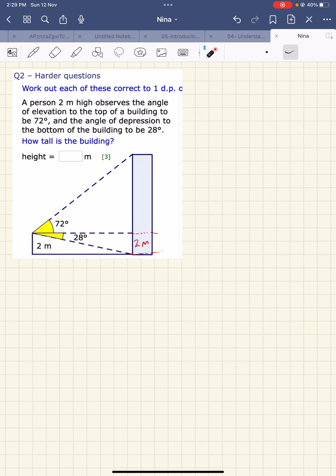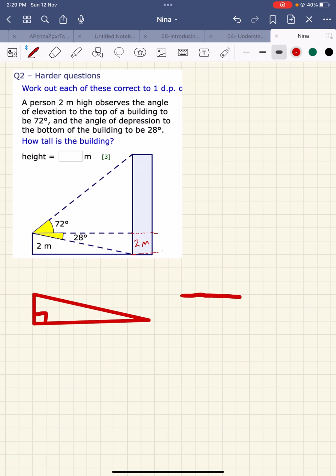So the bottom one I can actually draw out in 2 different ways, and I'm going to go ahead and draw it both ways. So I've got this bottom triangle that looks like this. But I could also draw it like this. There we go, this should be nicer.